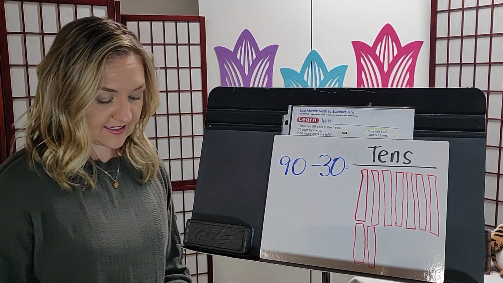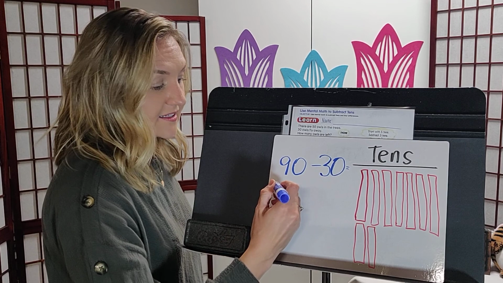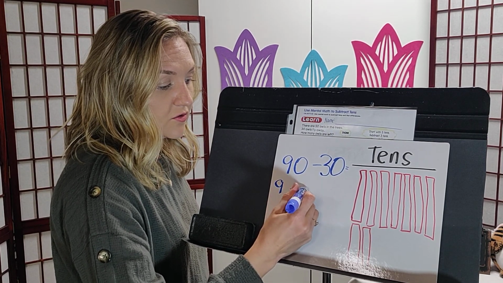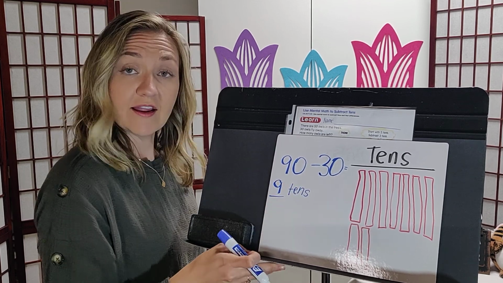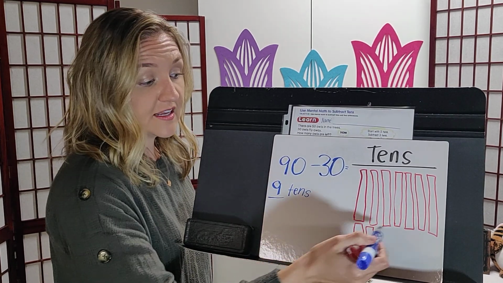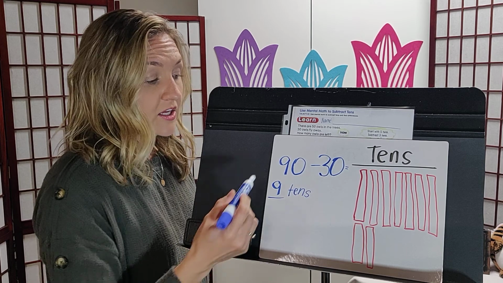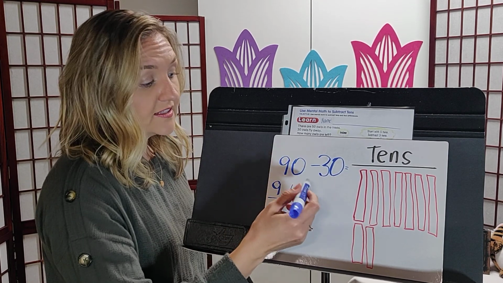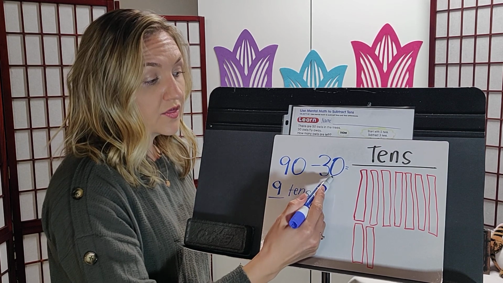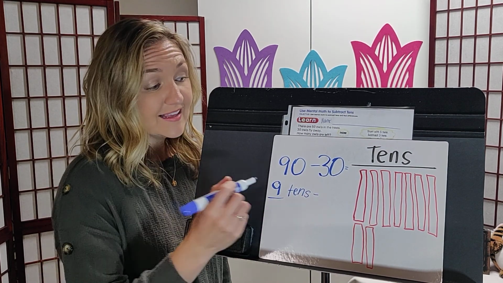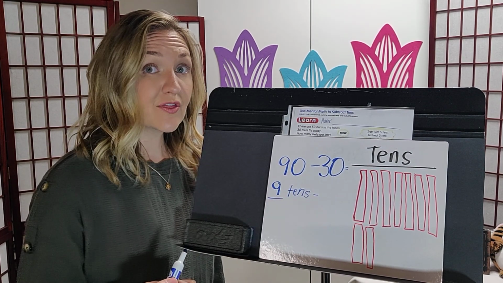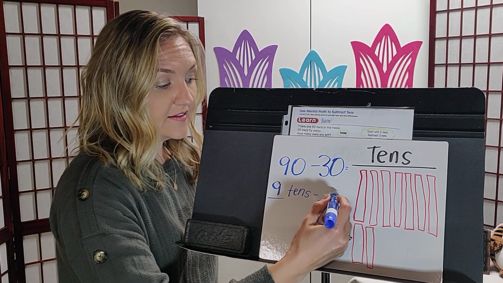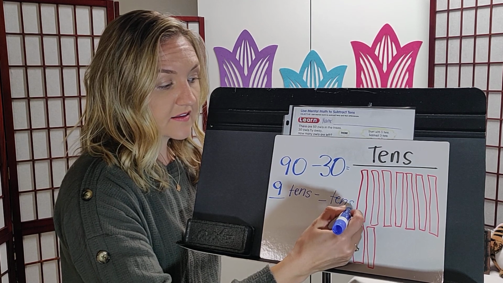So 90 is actually the same as 9 groups of tens, right? 90, we just saw, is actually the same as 9 groups of tens. So we can think about 90 as 9 tens, and we can subtract 30. Well, we need to think about how many groups of tens is 30. 30 is the same as how many groups of tens?